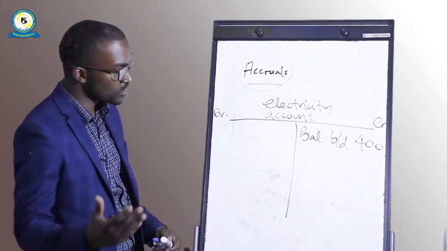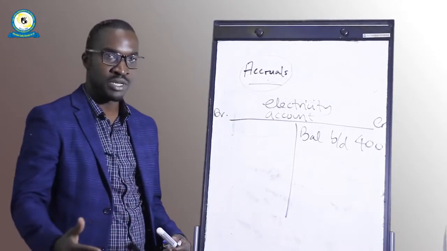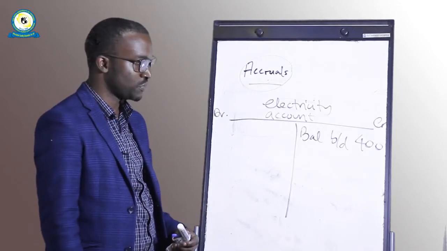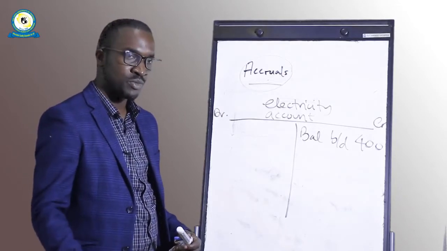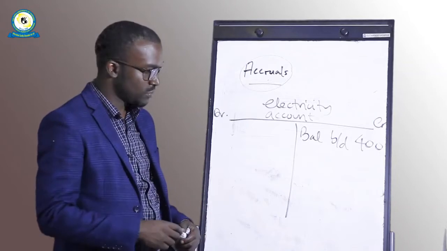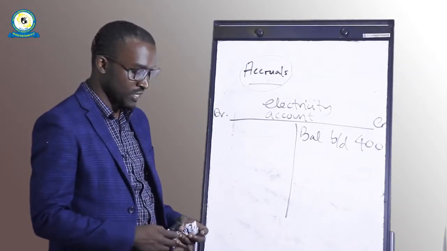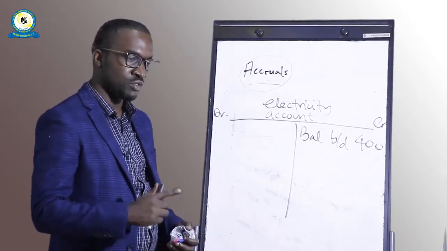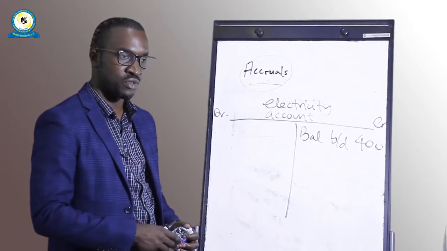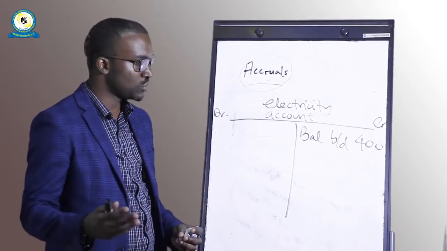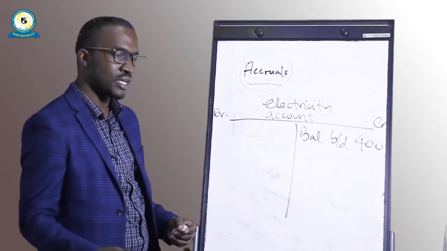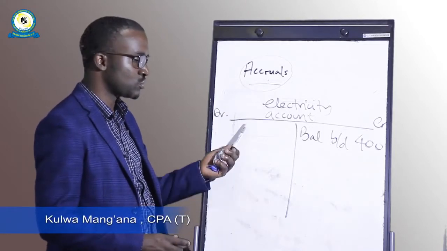And then during the period we paid electricity expense of 3,000. If you pay an expense, we all know that an expense has a nature of debit, because you've paid, which means you've credited your cash account if you paid using your cash account or bank account, and then the corresponding entry is the debit. So you're going to debit this account.